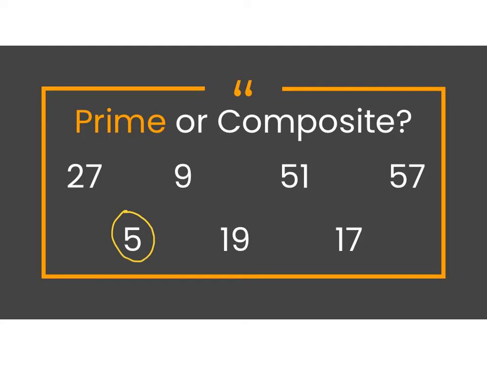We look at number 9. 9 has more than 2 factors. We can multiply 1 times 9 to equal 9. We can multiply 3 times 3 to equal 9.